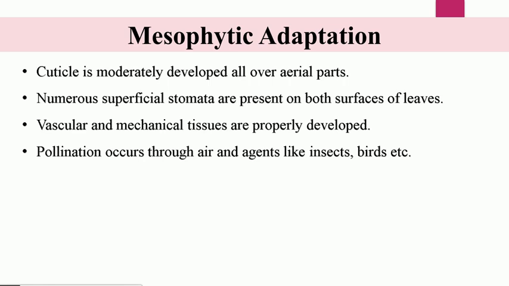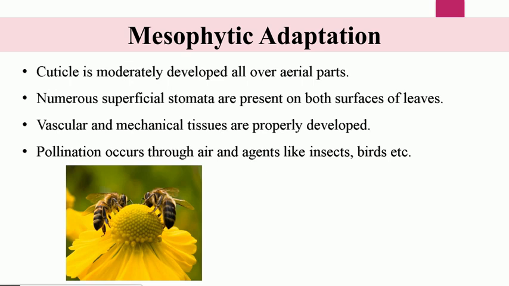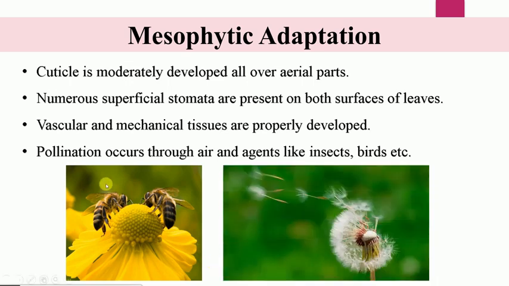Pollination occurs through the air and agents like insects or birds. For example, in this picture, the pollination is done by bees, and in this figure you can see the seed is dispersed with the help of wind.